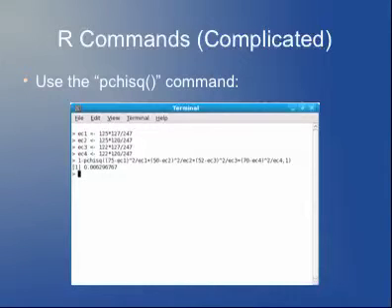Then I go observed minus expected squared divided by expected, plus observed minus expected squared divided by expected, across all 4 cells of the table. As I described earlier, add 1 degree of freedom. Go 1 minus pchisq of all that, and we get 0.006. Long and complicated, but it works, I suppose.